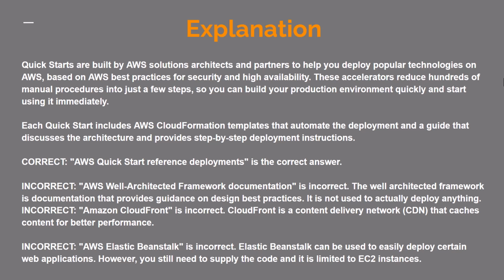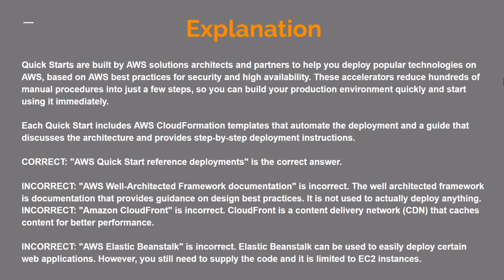Incorrect. AWS Well-Architected Framework Documentation is incorrect. The Well-Architected Framework is documentation that provides guidance on design best practices. It is not used to actually deploy anything. Incorrect. Amazon CloudFront is incorrect.